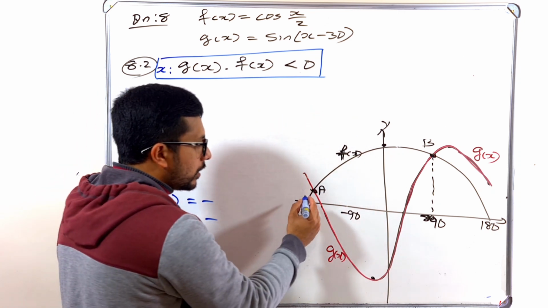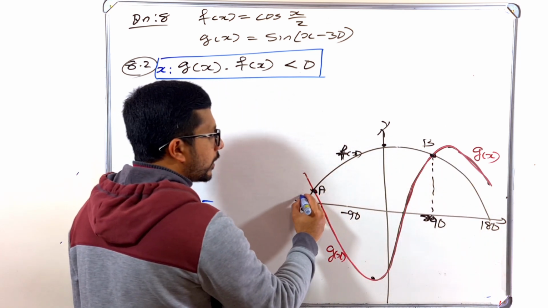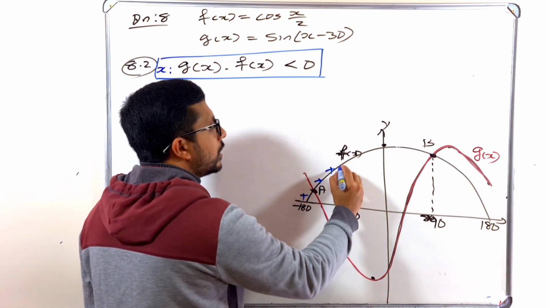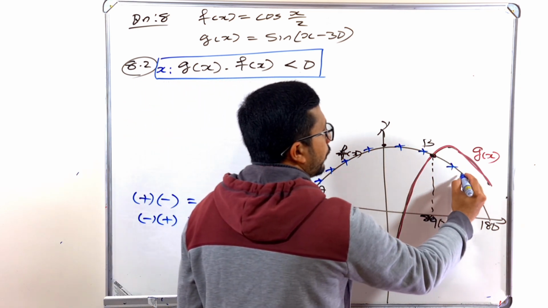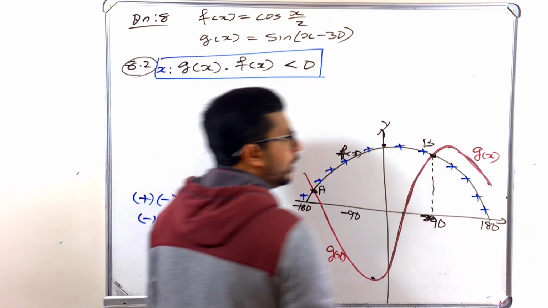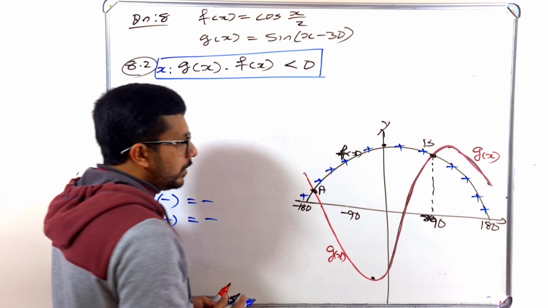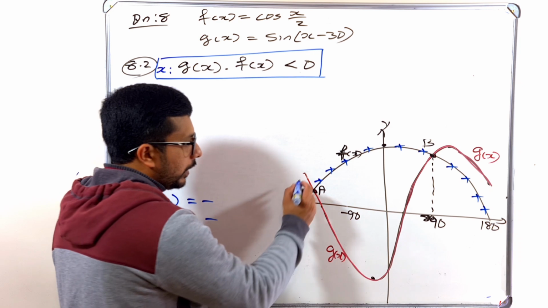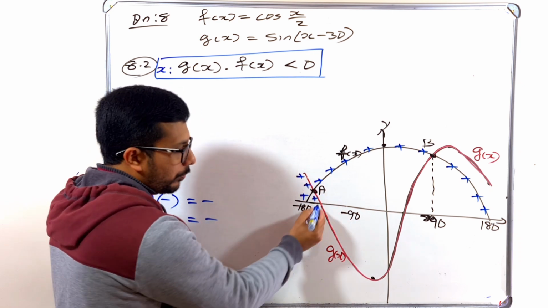Here you can see that this f of x is above x-axis, that means throughout this f of x it is positive. I'm talking about the f of x graph, this black one, it is positive. And for this g of x graph, you can see that this one is above x-axis up to this point.